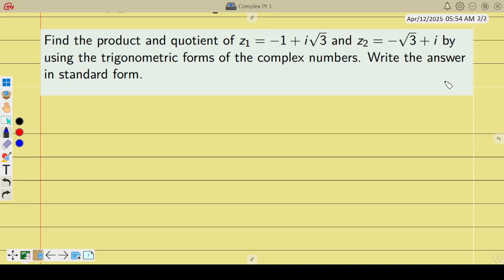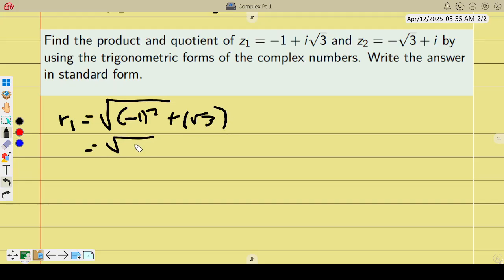Now, this is the first complex number. We need to know r, and we also need to know the angle theta. So r1 is simply the square root of negative 1 and root 3.